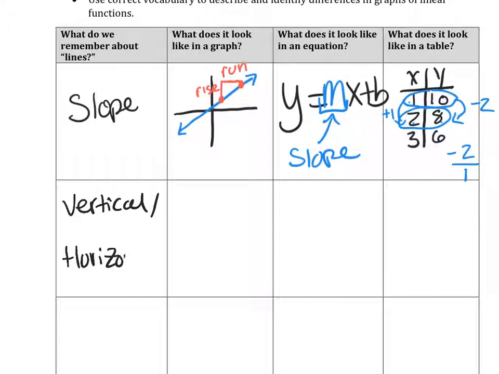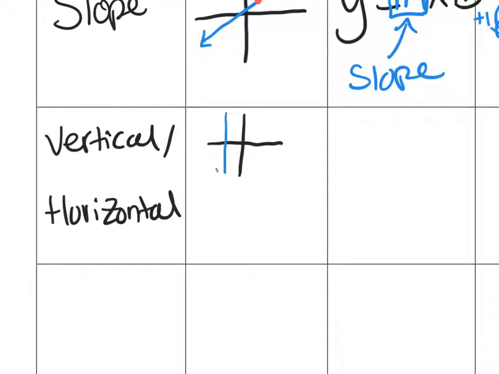So if we have a vertical line in a graph, it would look like a vertical line. It's not a tricky one there. Or a horizontal one would be a horizontal line.